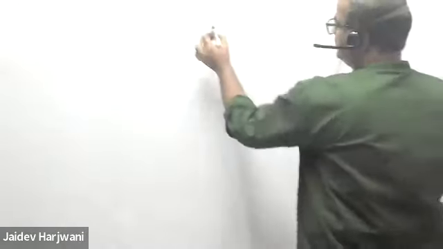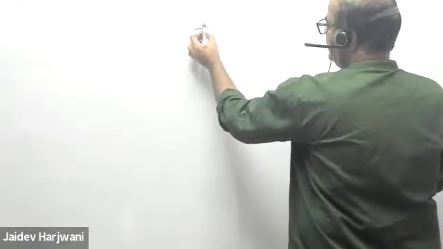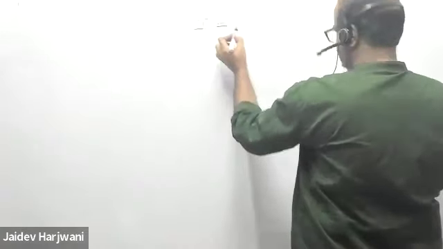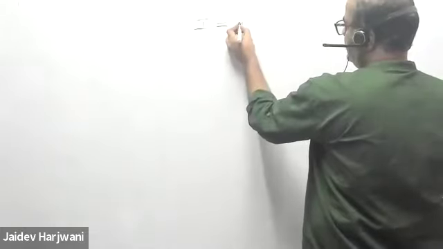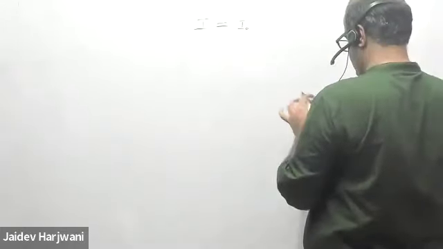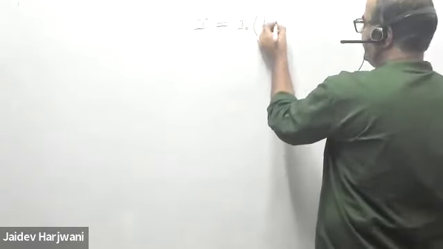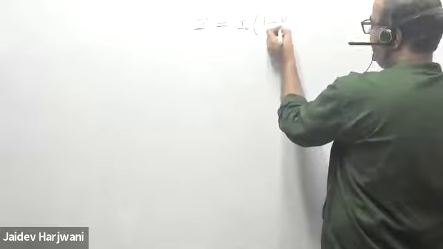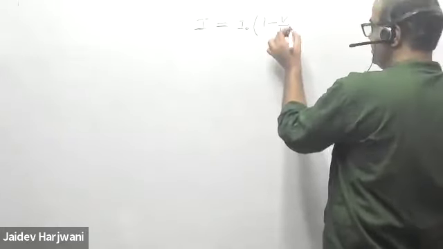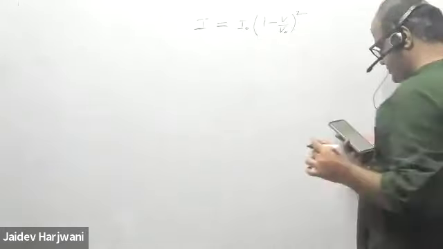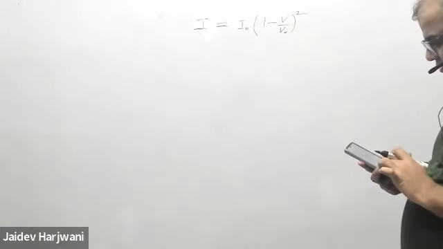So they have given you the equation: I equals I naught times (1 minus V upon V naught) squared.